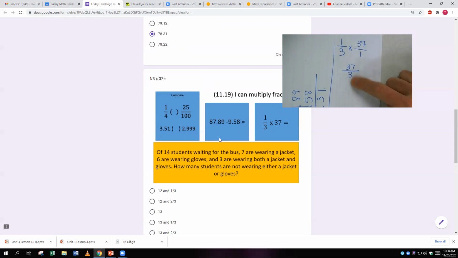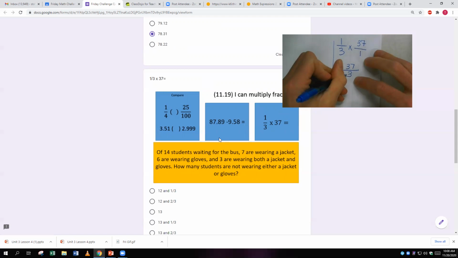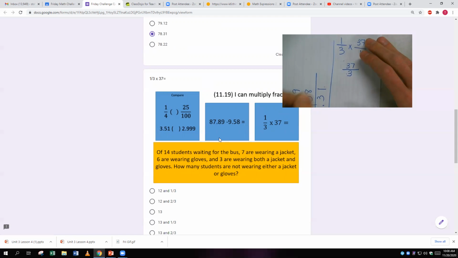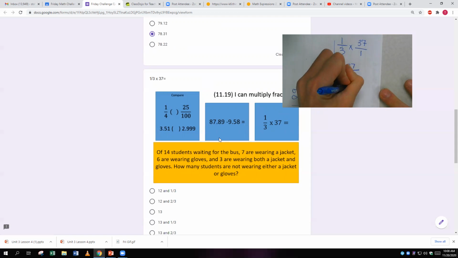Now you have a whole bunch of holes in here. How many 3's are trapped into 37? 12. How do I know? Because I can count by 3's. 10 of them's 30, and then 11's 33, and 12 is 36. So 36, there's still one left over. So it's 12 and 1/3. Perfect, wonderful, grand. All right, 12 and 1/3.